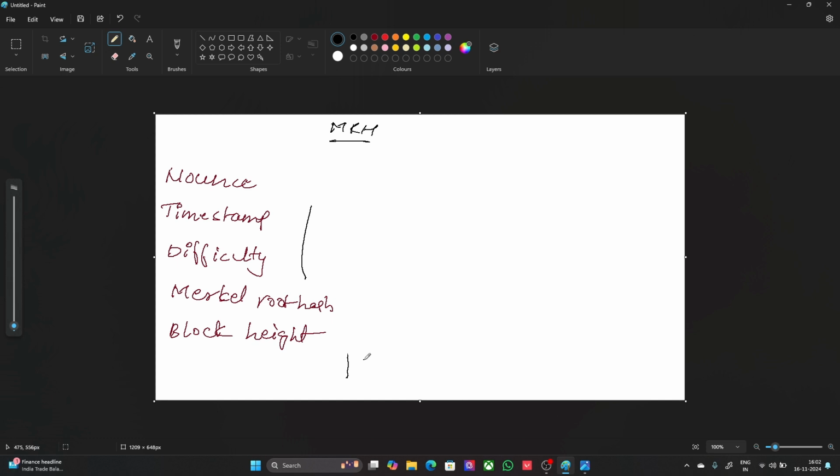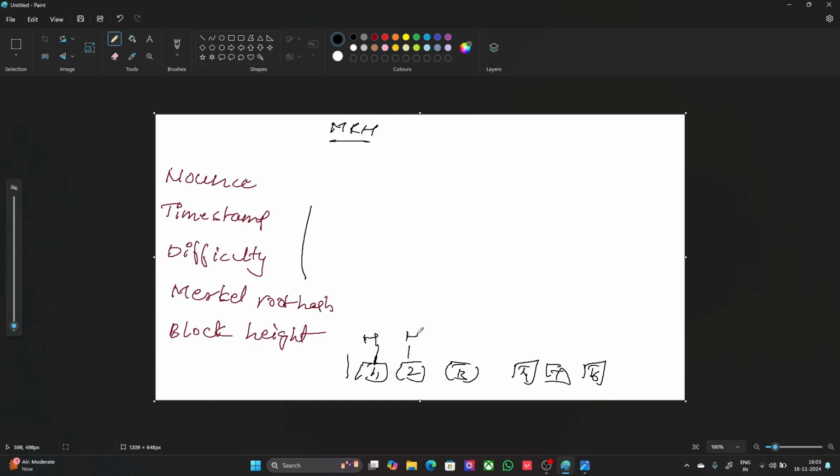In a block we will not have a single transaction, we will have multiple transactions. Say this is transaction 1, transaction 2, transaction 3, transaction 4, transaction 5, transaction 6. Each transaction will be passed to SHA-256 and will create a hash out of it.